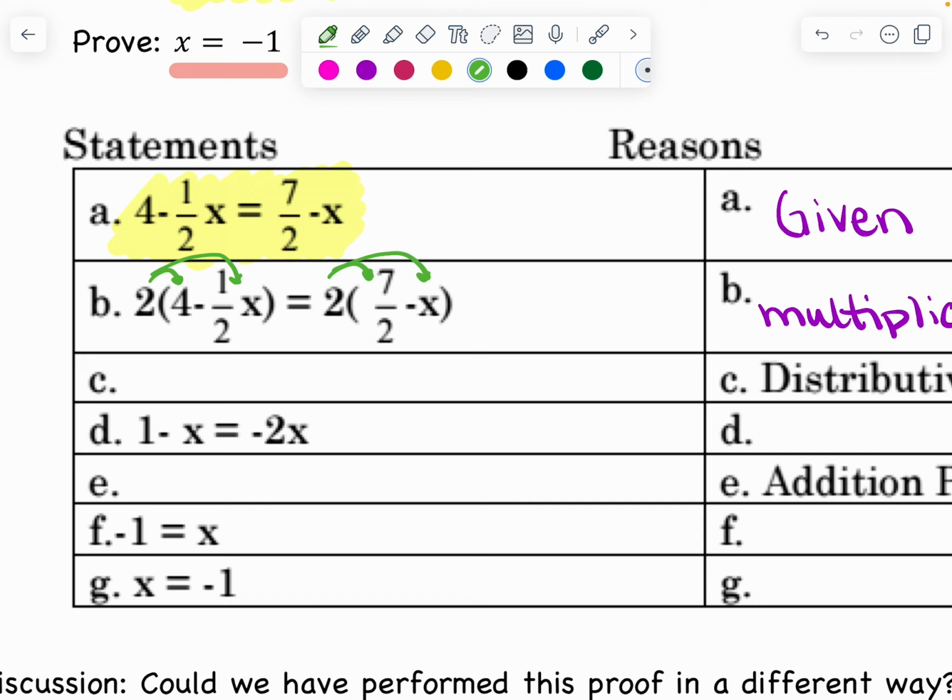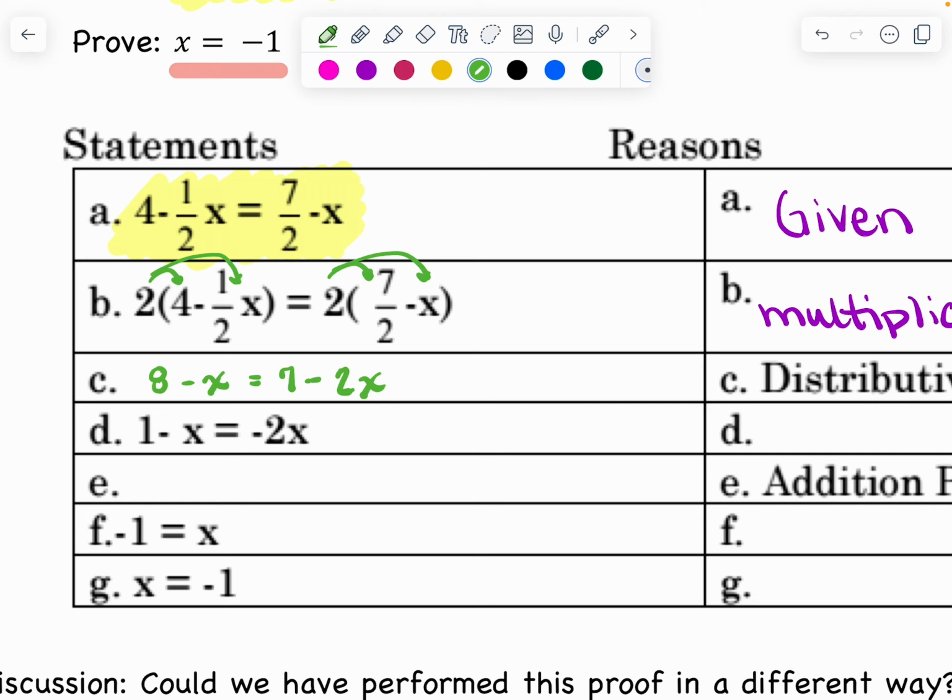I don't want to do that all in one step because technically the multiplication and the distribution would be 2 separate properties, and I've got to make sure that I split that up. You don't want to be doing 2 or 3 or 4 steps all in one line. Okay, so when we distribute, we're going to write down what we get, all right? So 8 minus x equals 7 minus 2x.